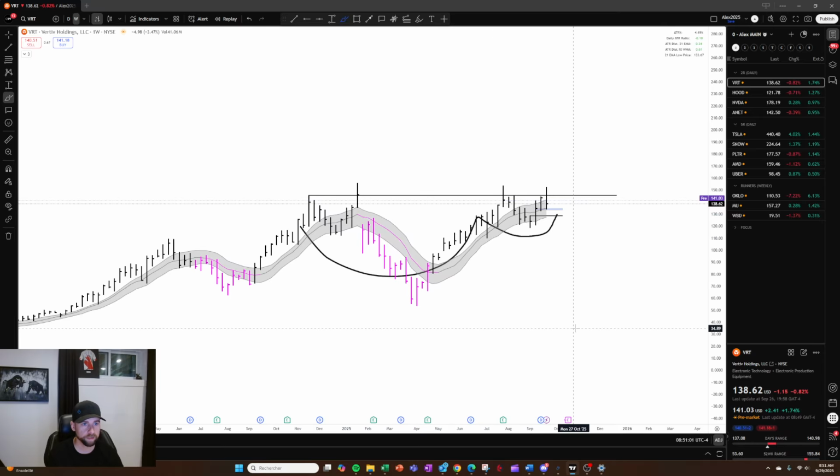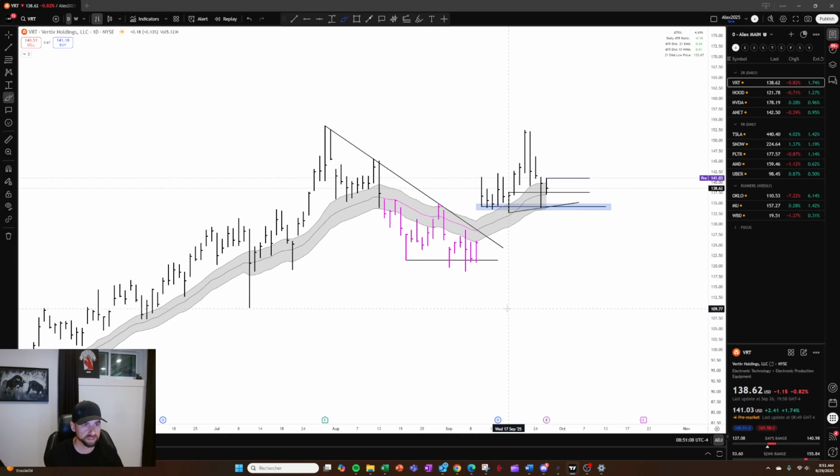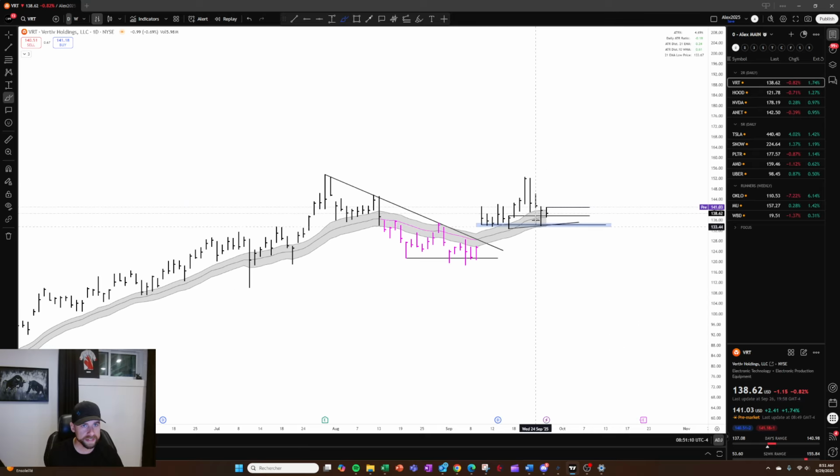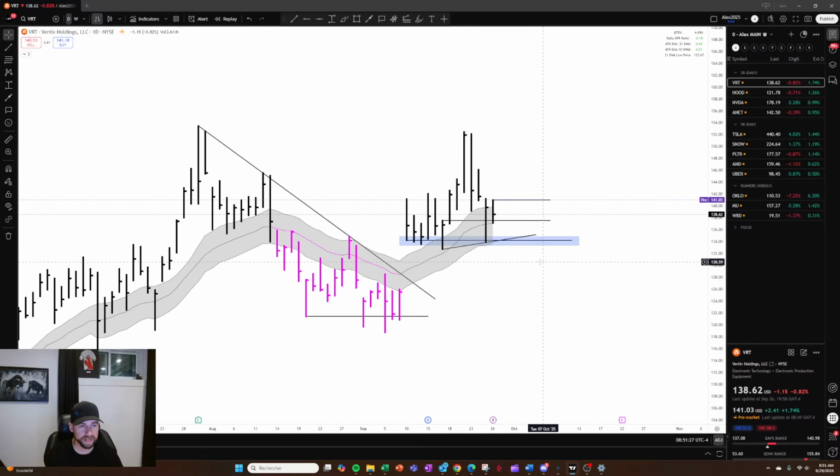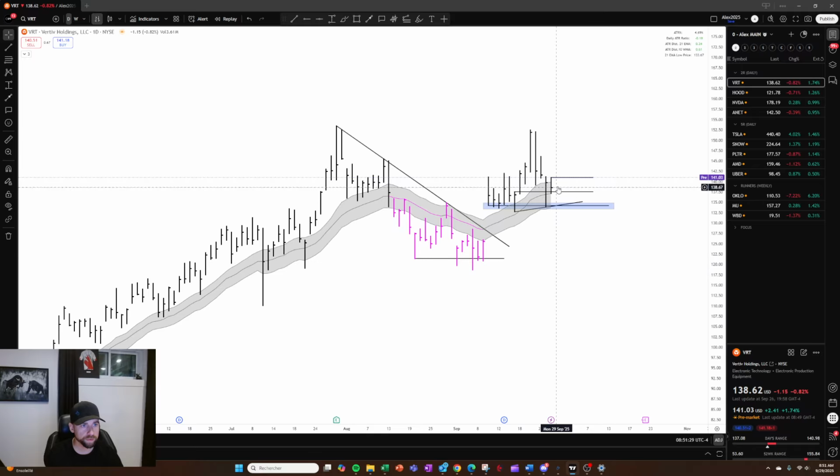I repeat myself, but I'm seeing that very nice looking cup and handle, and that's what I'm trying to position for in the handle as we make those higher low structures right into the rising daily structure as well. We had that bounce attempt on Thursday, inside day on Friday, and that's still a very strong setup. If you can play Friday's high pivot, that's the spot.